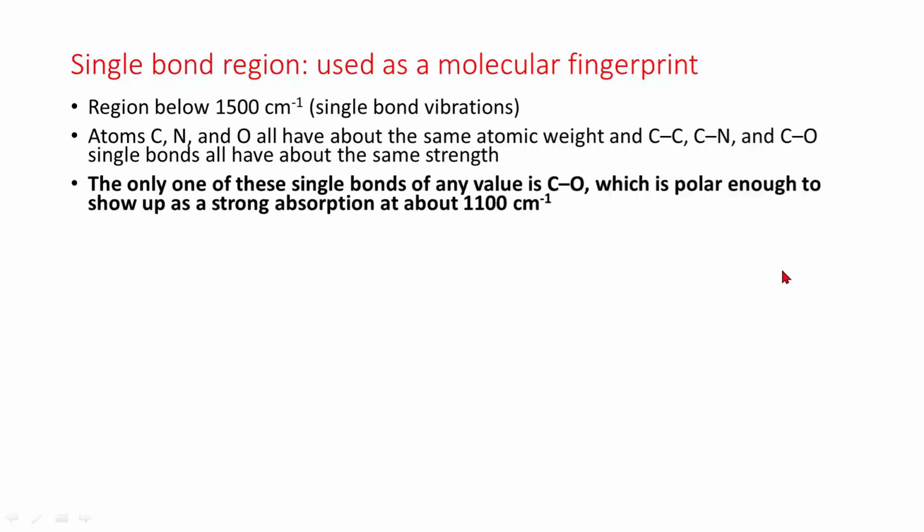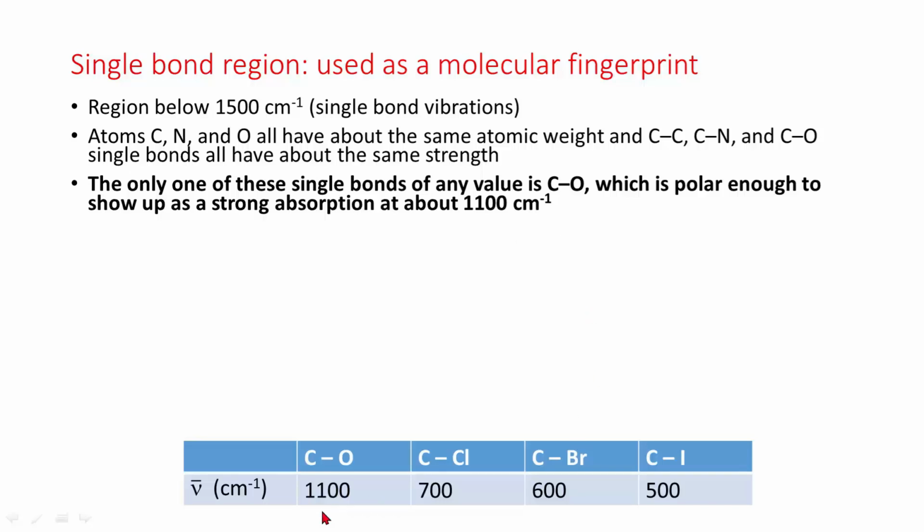The only one of these single bonds of any value is C-O, which is polar enough to show up as a strong absorption at about 1100 cm⁻¹.